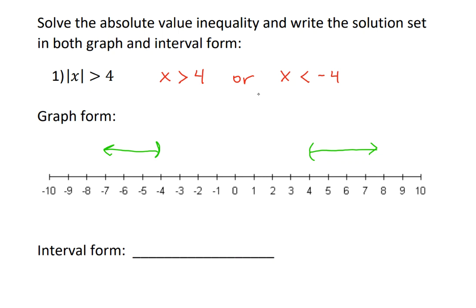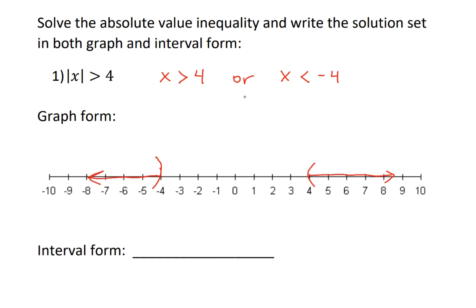But since it's or, it doesn't matter. It's just going to be anything that's in either graph. So we're just going to put both graphs on the number line. x is greater than 4 and x is less than negative 4.